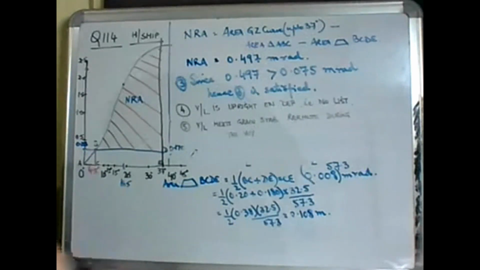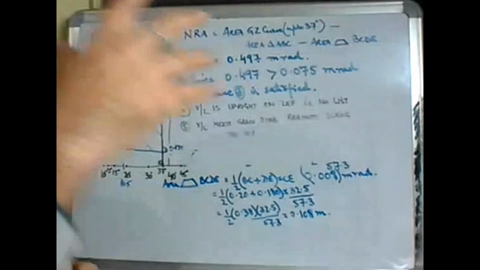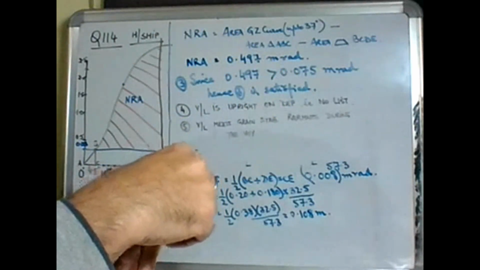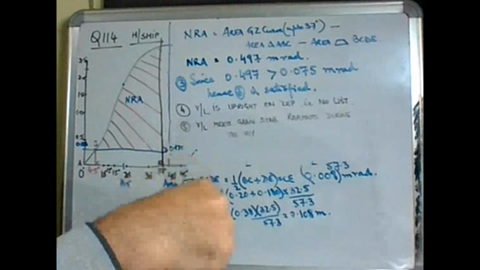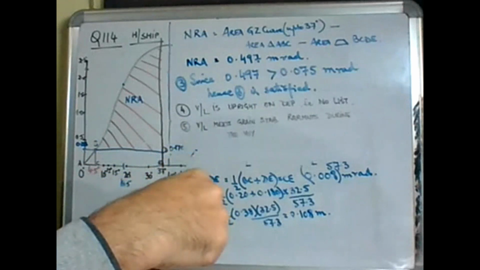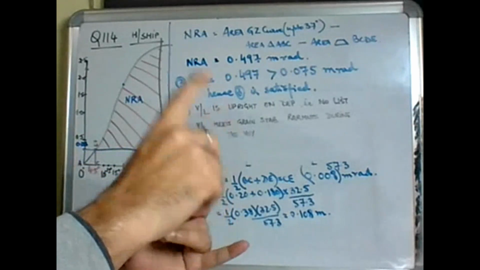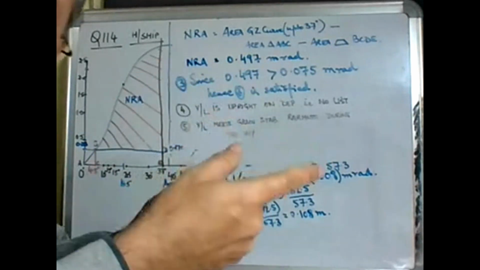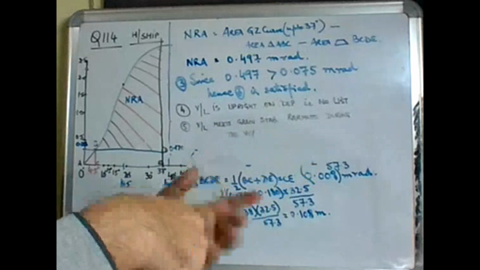So there are 5 requirements. First, GM should be greater than 0.3. That was ours. Second, angle of heel due to shift of grain should be not greater than 12 degrees. That was ours.